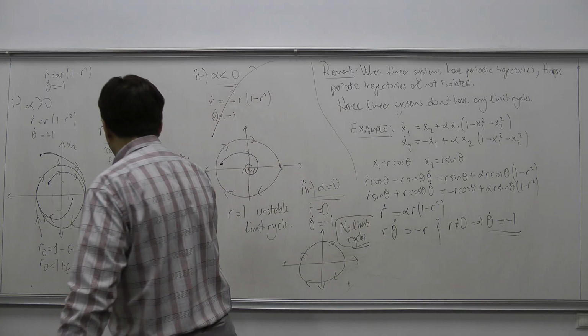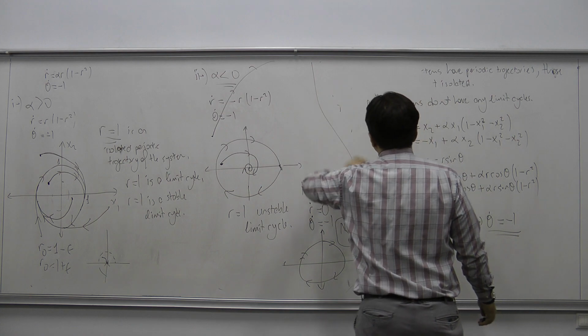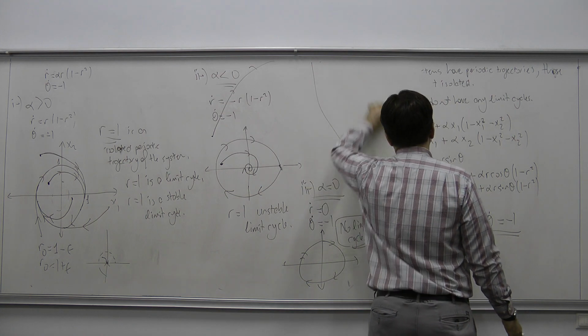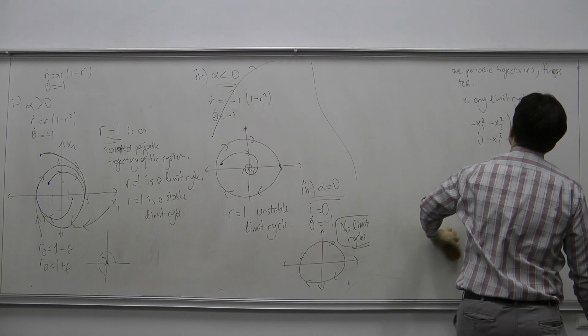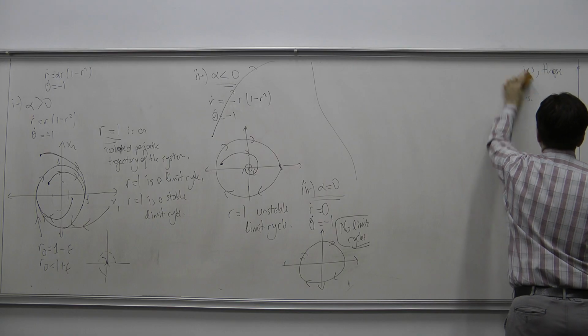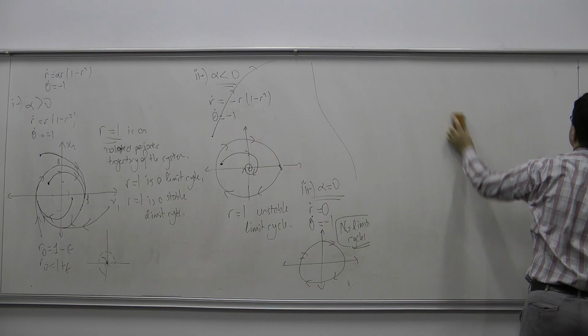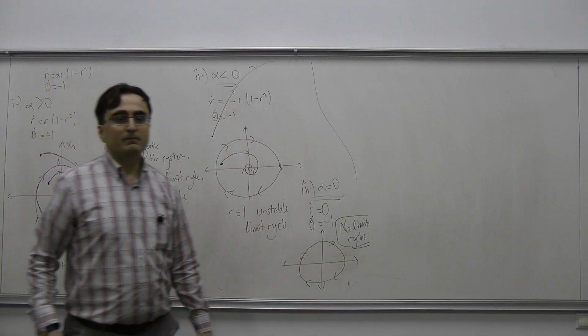So we have defined a limit cycle, and we have defined a stable limit cycle, an unstable limit cycle. There is also something which is sometimes used, a semi-stable limit cycle.